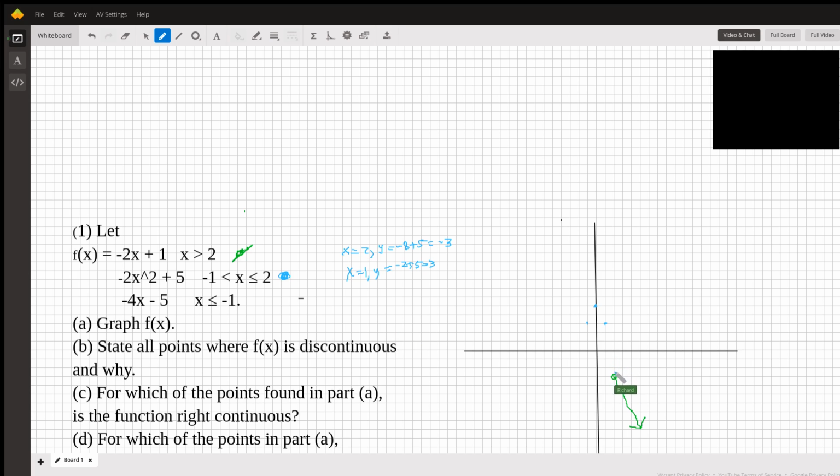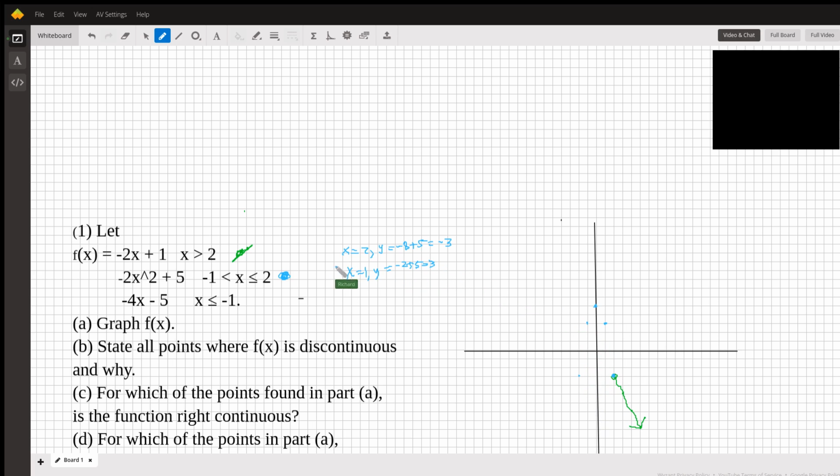So it's going to go through this point here. Because this shares a point, it's open for the green, but it's closed for the blue. Let me put the sister point over here. Okay, so now you can see what this is going to look like.